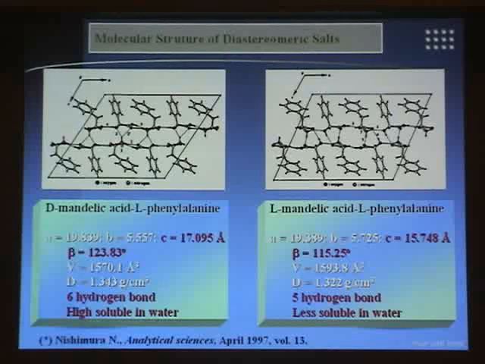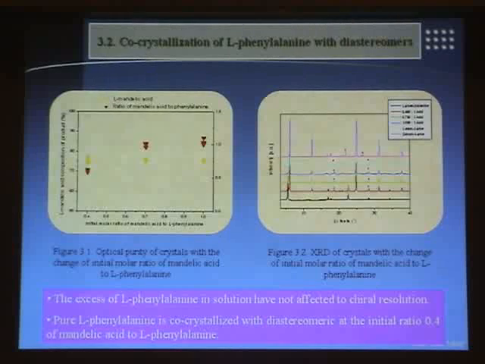And the different molecular structures of the D and L diastereomers are shown here, in the Z-axis length and beta angle, as you can see here.